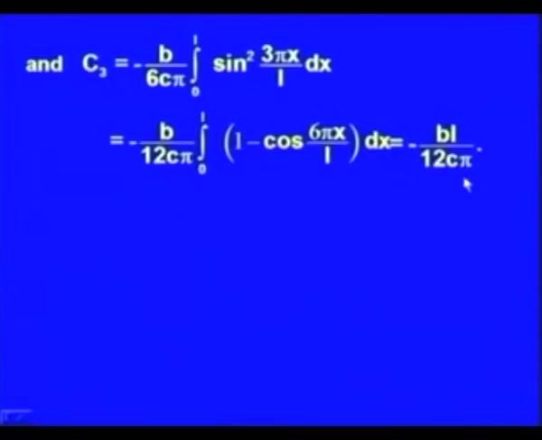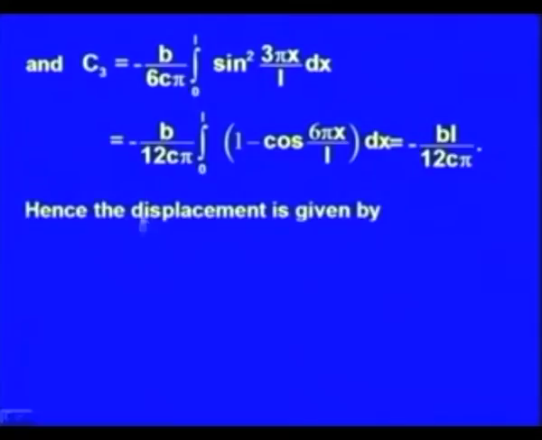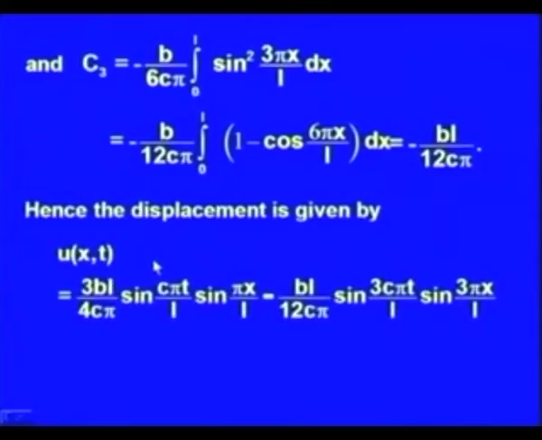minus bL over 12 c pi, and hence the displacement function u(x,t) is given by 3bL over 4 c pi sin c pi t over L into sin pi x over L. This is the term corresponding to C1, and this is the term corresponding to C3.